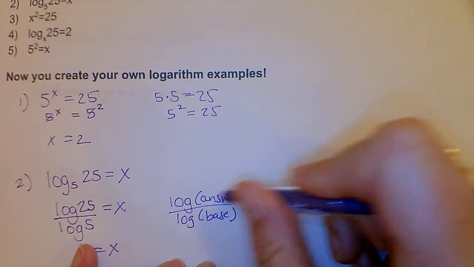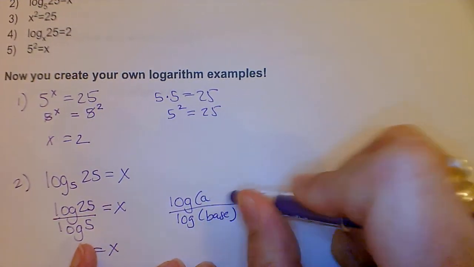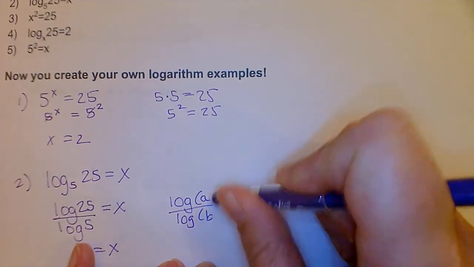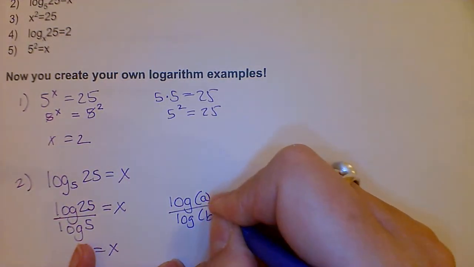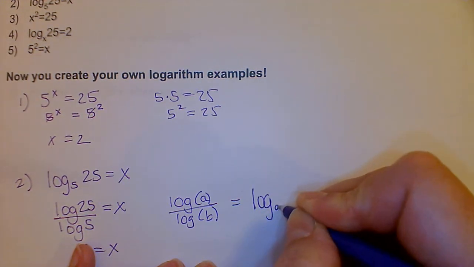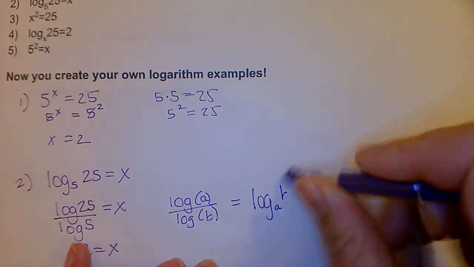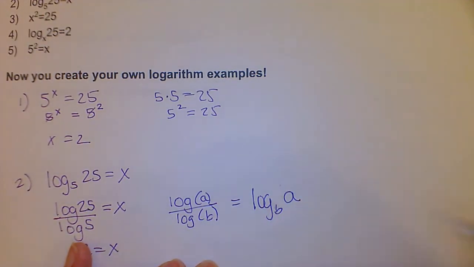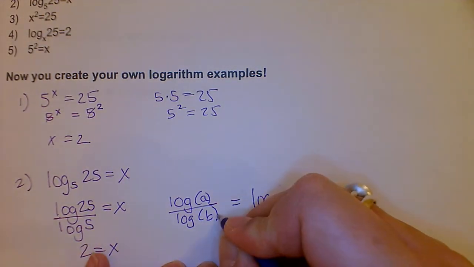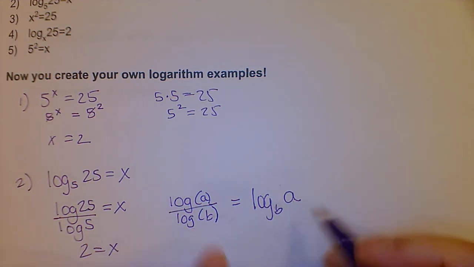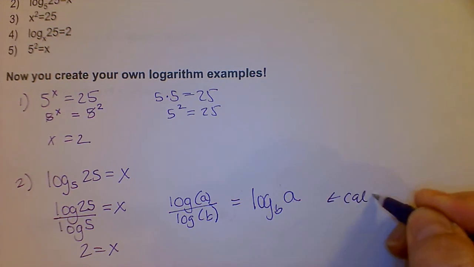I don't want to confuse people, so here is what we're going to do: this and this is actually going to equal log A over log B. For those visual people who like to see it, you take the log of A and divide it by the log of B, and this is what you do in your calculator.